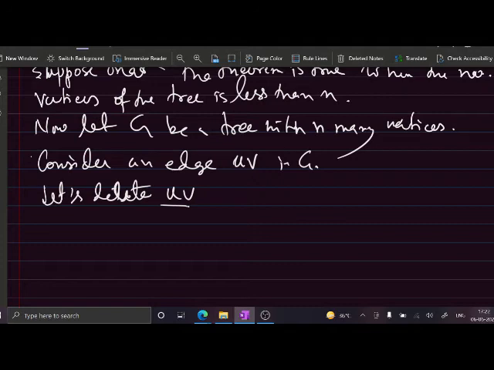Then the result is a disconnected graph, because U and V are adjacent, which is why we write this as edge UV. Therefore, if you delete that edge, the graph will be disconnected.